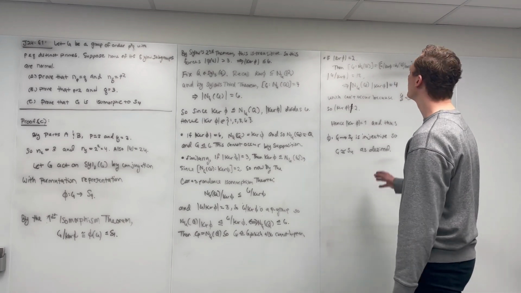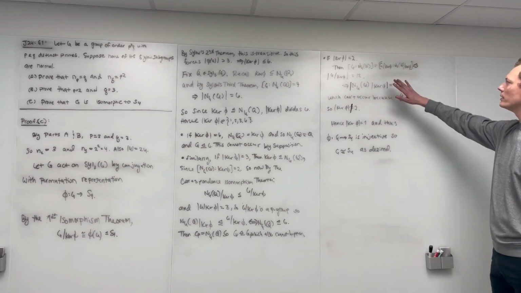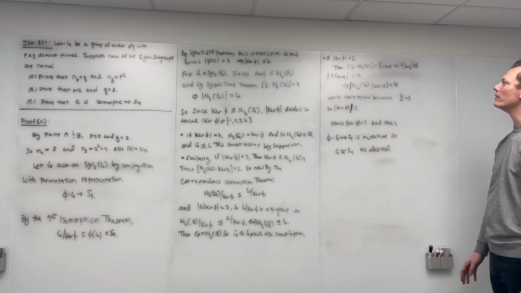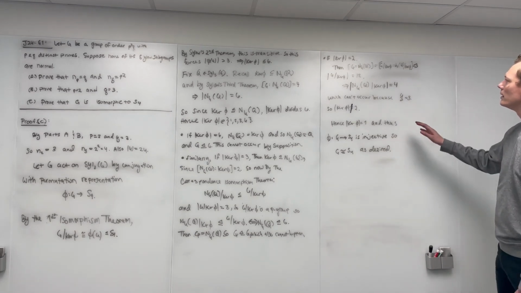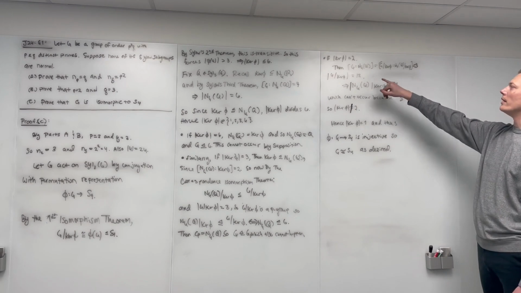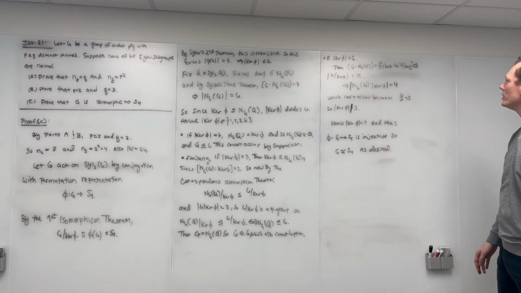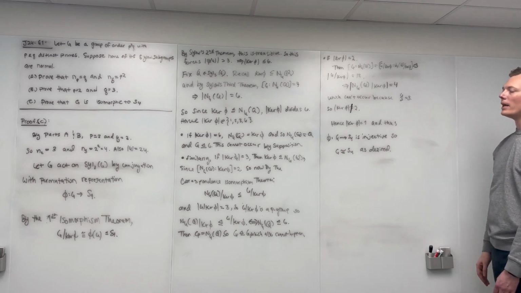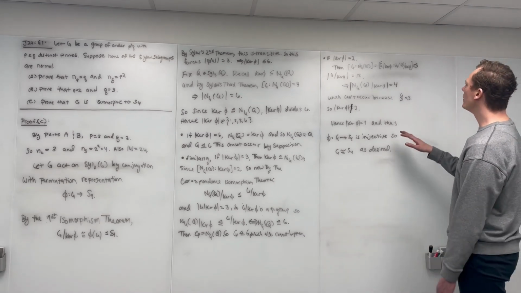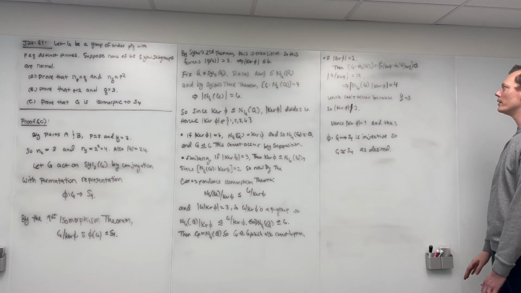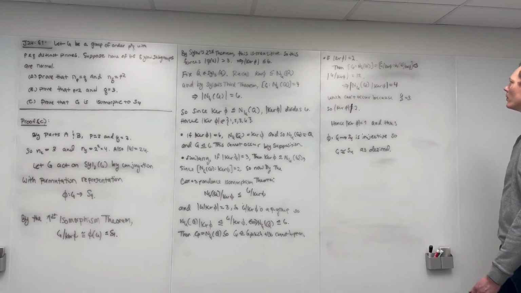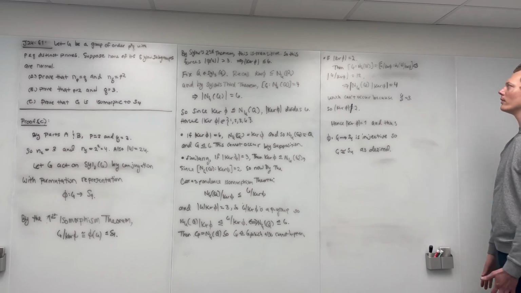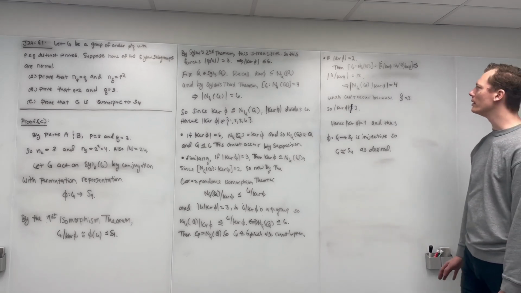So lastly, we want to consider when the size of the kernel of phi is equal to 2. Well, then if we look at the index of the normalizer in G, by the correspondence theorem, we know that this is equal to the index of the normalizer mod the kernel in G mod the kernel, which is equal to 3.